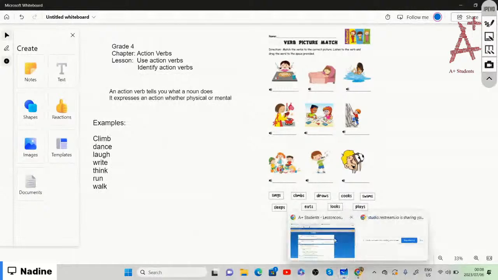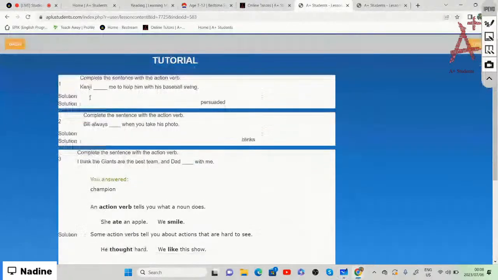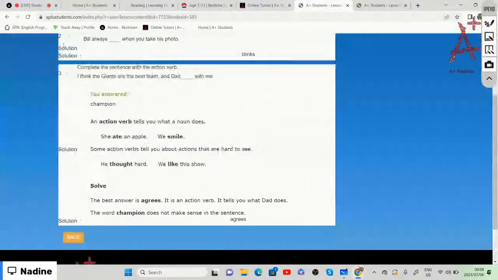All right, so if we go back to our tutorial lesson, use the action verbs, right? Before we go to the questions over there, once again, an action verb tells us what the noun does, and the noun names a person, a place, a thing, or an animal, right?